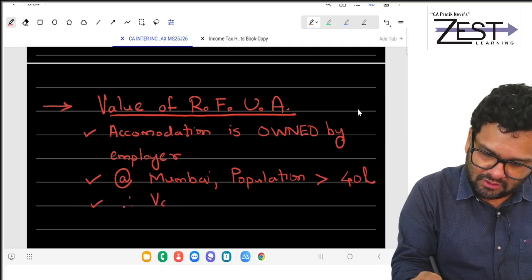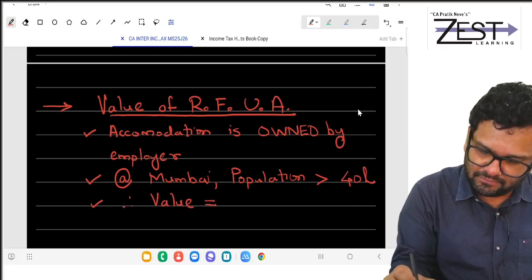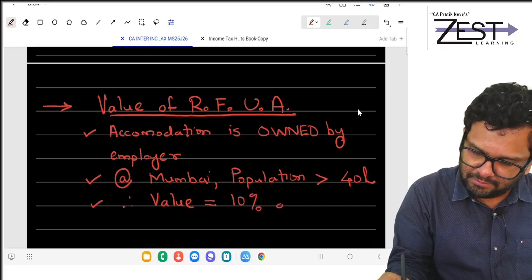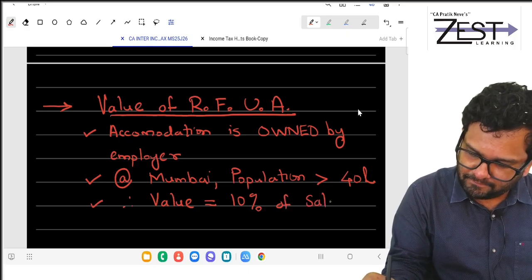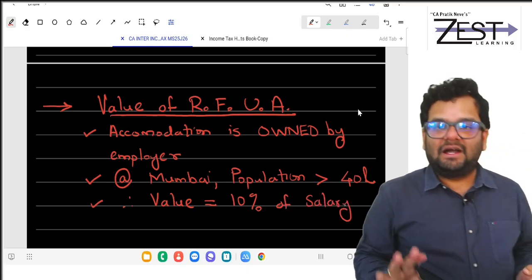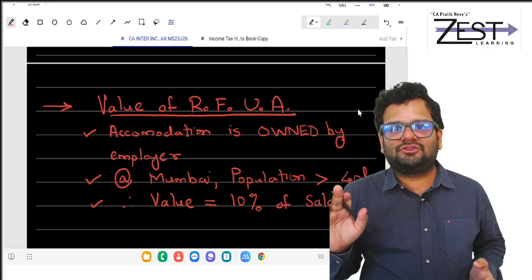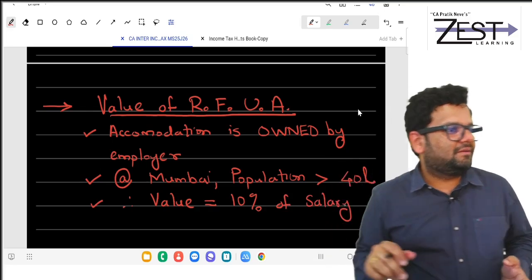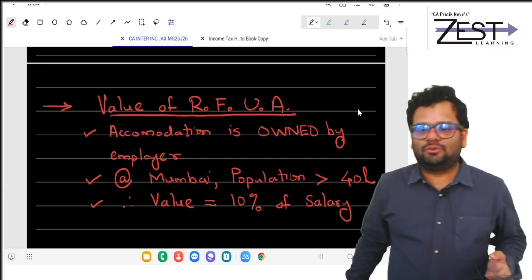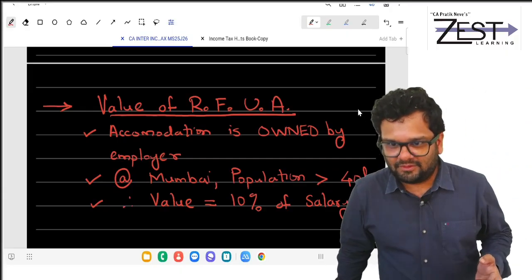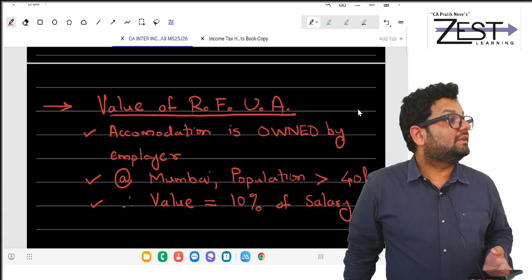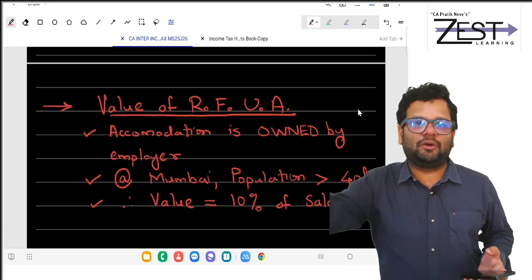Therefore, value will be how much? 10% of what? Salary. Are all points tick marked, checked, understood? Yes or no? Yes or no? All points.